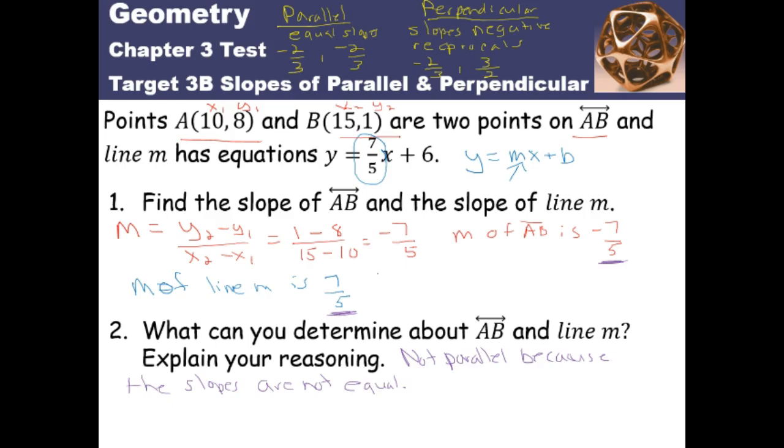That means they're not perpendicular because they are not negative reciprocals. So they are neither.